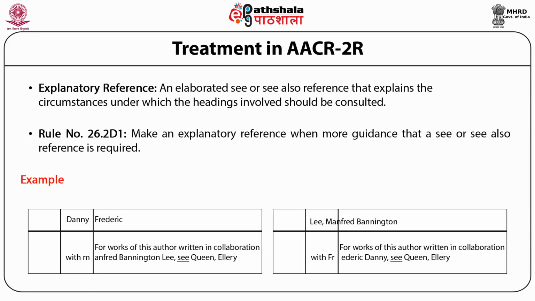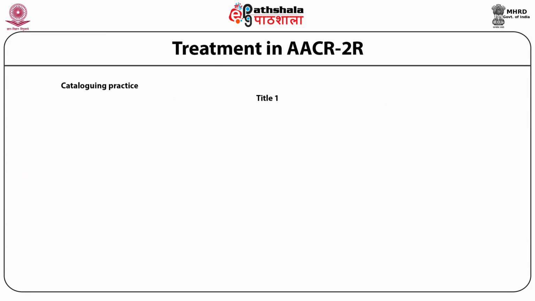We have already discussed the definition and rules of choice and heading of pseudonym in CCC and AACR2R. Now we will discuss the application of these rules by cataloging the title pages. Title page number 1 is the case of a pseudonym where the real name is given in the preface of the book.